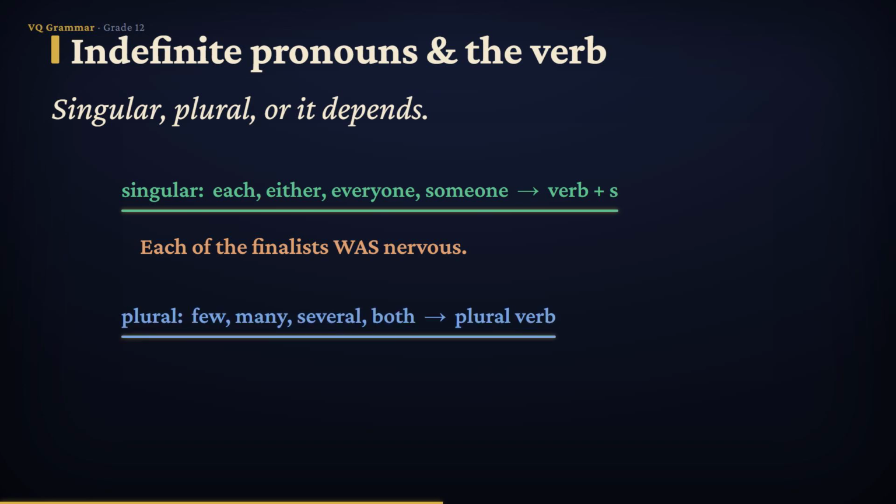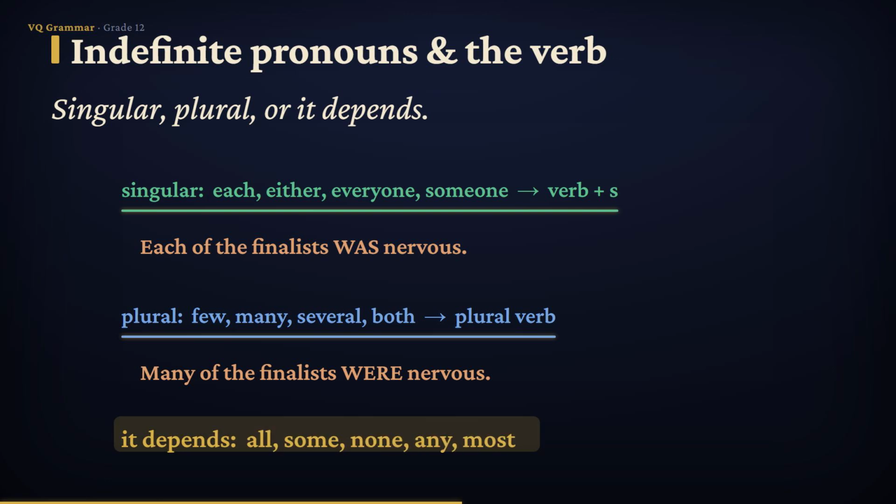Others are always plural: few, many, several, both. So we say many of the finalists were nervous, and a handful sit on the fence. All, some, none, any, and most take their number from the noun they refer to. Some of the cake is gone, but some of the cakes are gone.